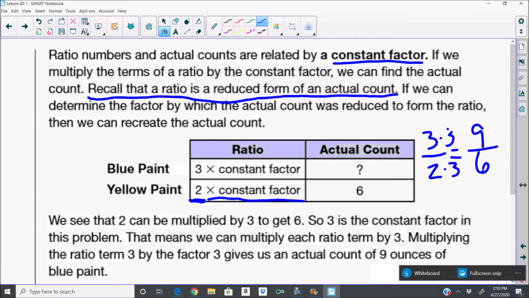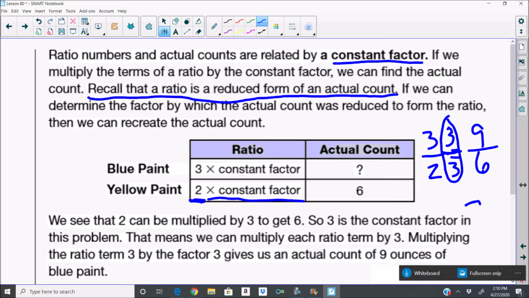We've done this before, you guys. This is just a different way of setting it up. Now we're calling it ratios and trying to figure out the actual count. What it really is dealing with a fraction, which is our ratio, and then multiplying it by 1, because when we multiply by 3/3, that's multiplying it by 1, right?